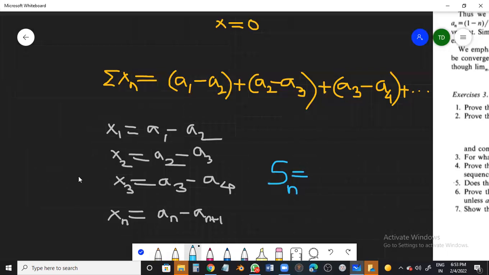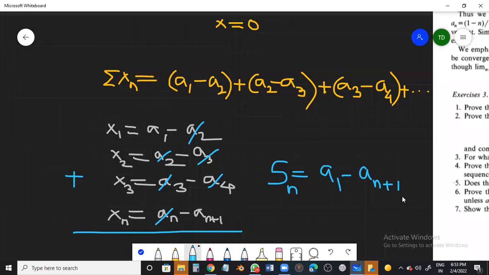If I add all those, after A1 minus An plus 1, A2 is getting cancelled, A3 is getting cancelled, A4 will cancel, An also will get cancelled. So Sn is A1 minus An plus 1.